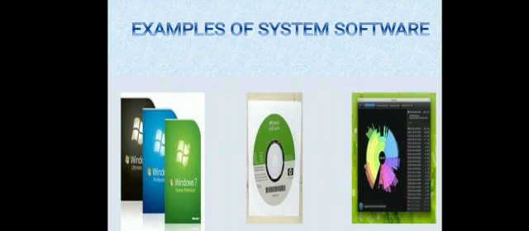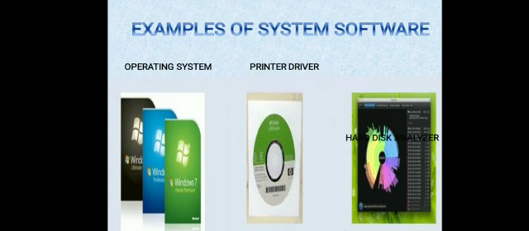Okay, next we see some examples of system software. So these are the examples of system software. The first one is the operating system, the second one is printer driver, and the third one is hard disk analyzer. These are some examples of system software. Okay, next we see what are all the types of system software.